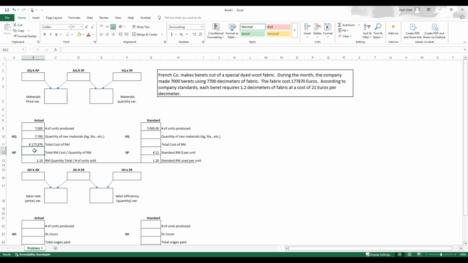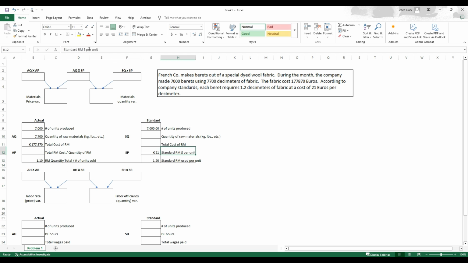Then we can back into what our cost per unit actually was. So 21 euros per decimeter.